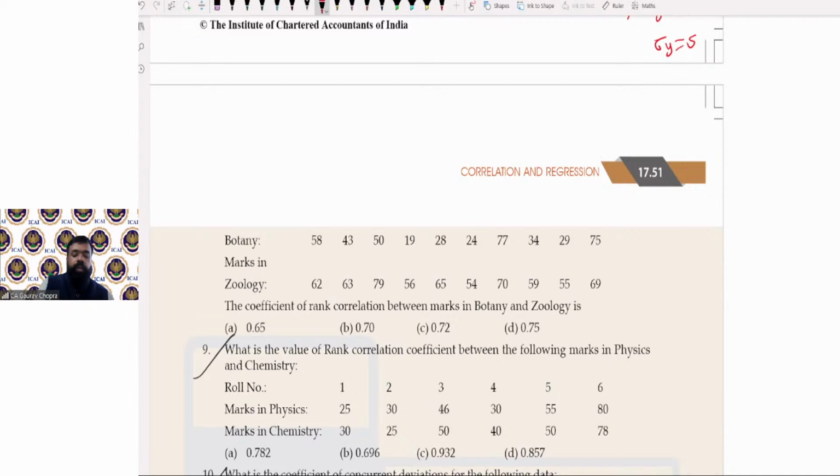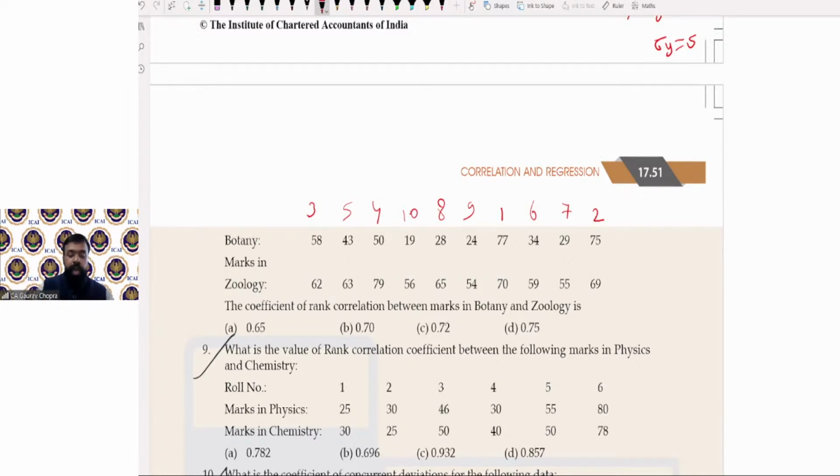First rank will be given to 77, second rank will be allotted to 75, then third rank will be 58, fourth rank is 50, fifth rank is 43, sixth rank will be 34, then 7, 8, 9, 10. In this way, you can rank each and everything.